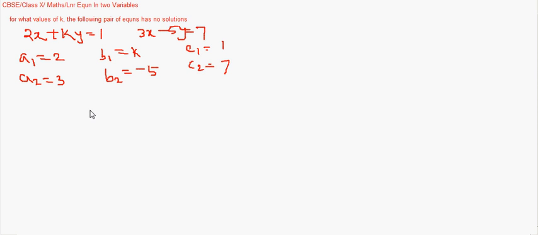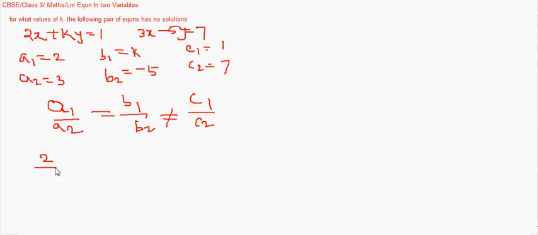The condition for a pair of equations to have no solutions will be a1 by a2 equals b1 by b2 should not be equal to c1 by c2. So let us replace: 2 by 3 equals k upon minus 5 should not be equal to 1 upon 7.